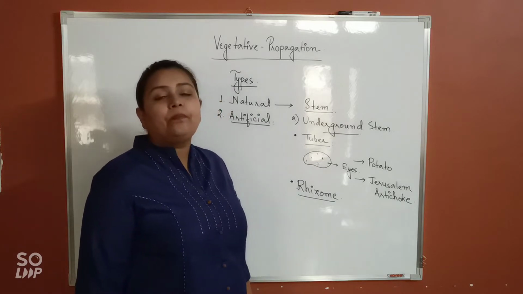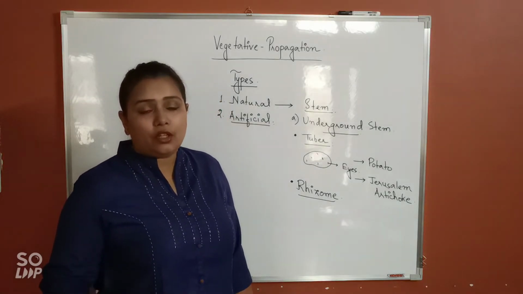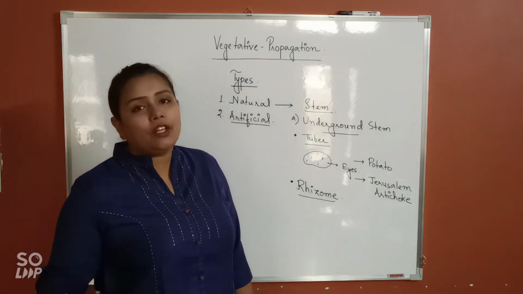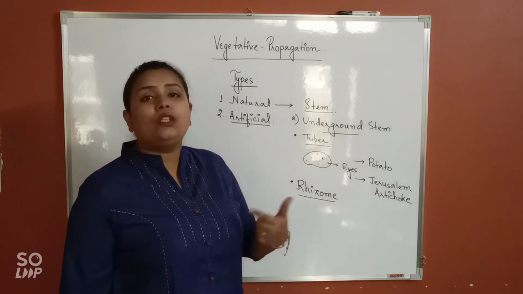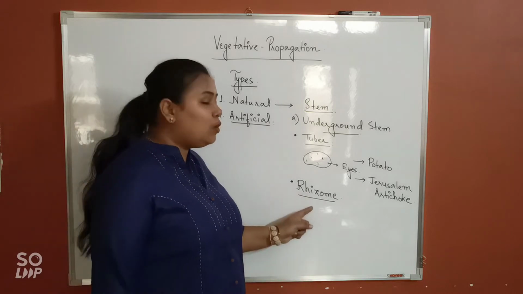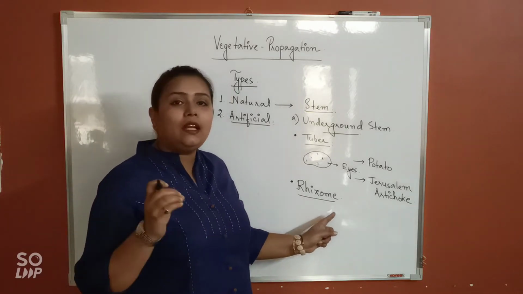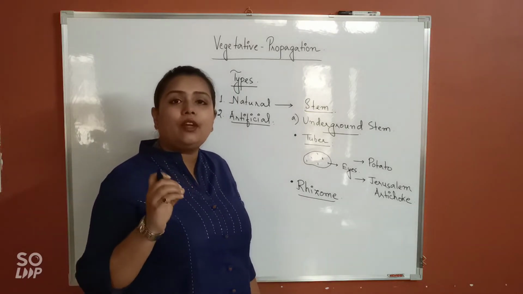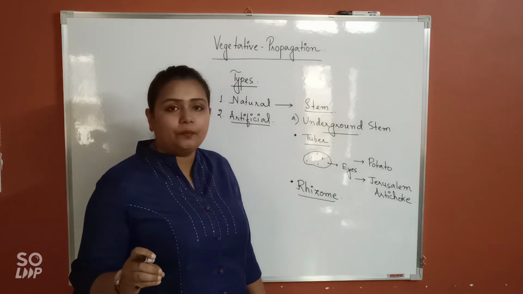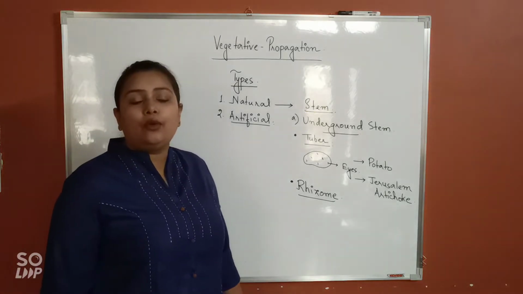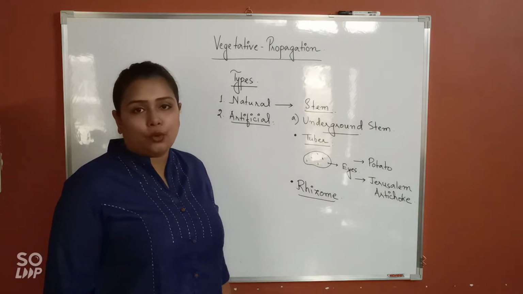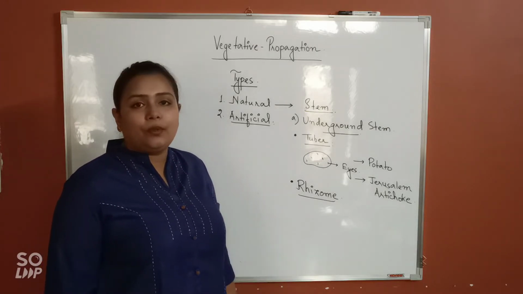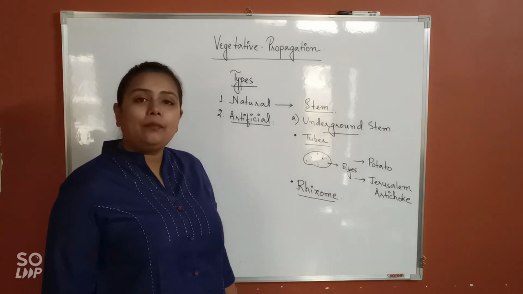Now all of you know perennial means a plant structure that will show indefinite growth, or a particular structure that will show growth for more than 2 years. So rhizomes are known for their perennial growth. Do remember this. It's a very, very important point about rhizome. So rhizomes are underground non-green structures which are going to be perennial in their growth pattern, and they also would possess nodes, internodes and buds.